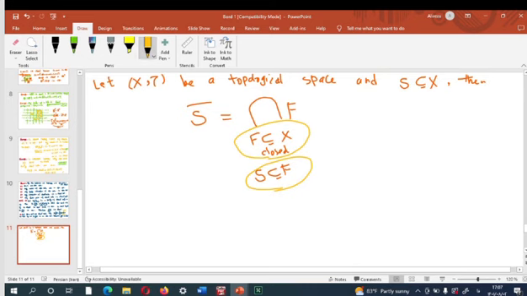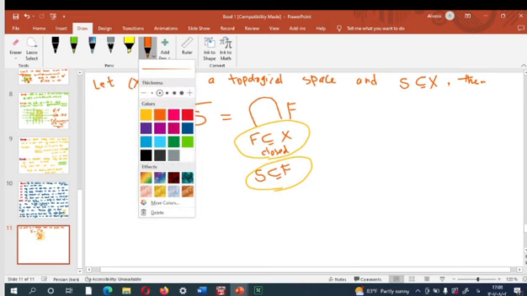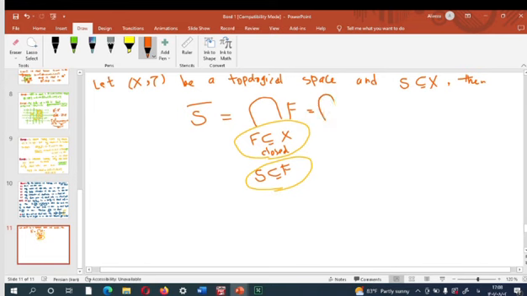Or the intersection of these sets. F is a closed subset of X and S is a subset of F, okay? This intersection defines the closure S bar, okay?